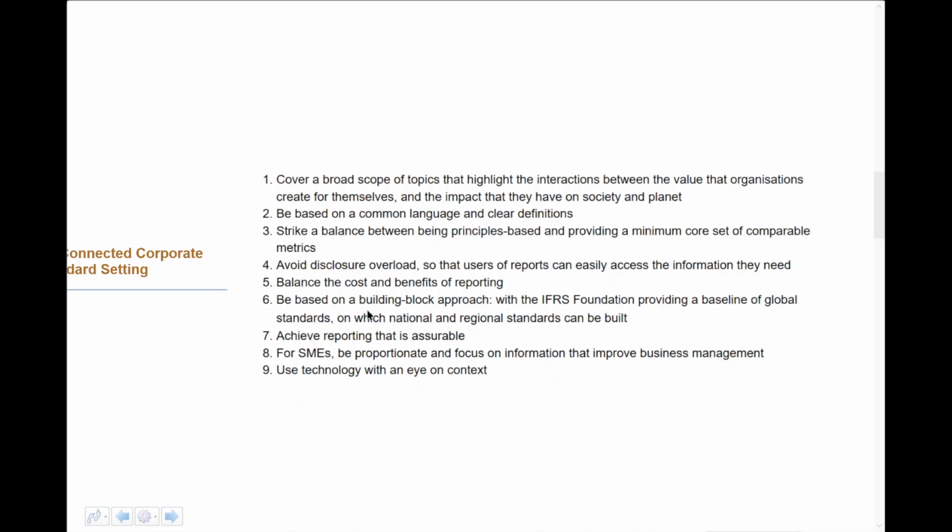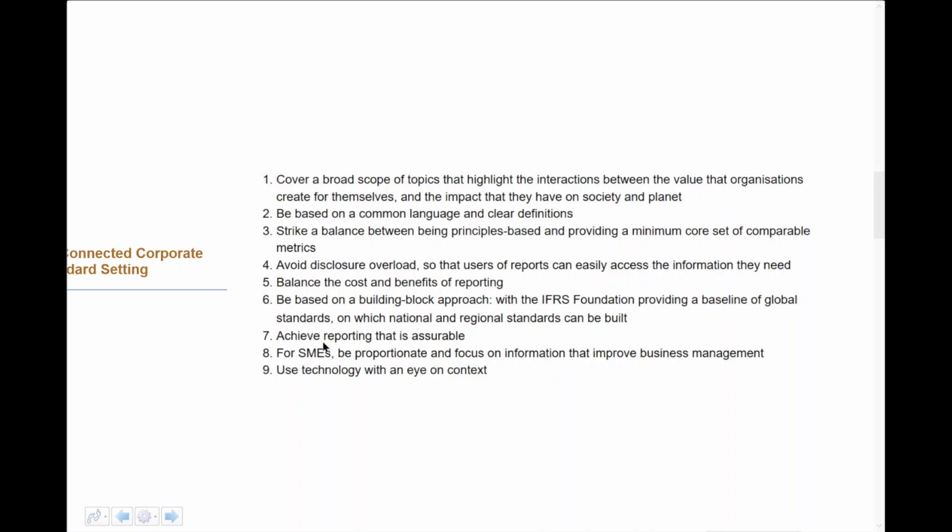Number 6, there's a suggestion here about a building block approach. In essence, if we think about IFRS, we have a set of standards, and what we need to be able to do is build from a base set of standards, a baseline, to use the word used here, on which national and regional standards can be built.